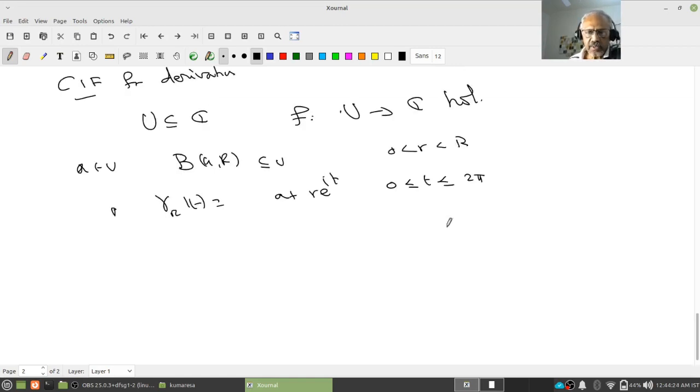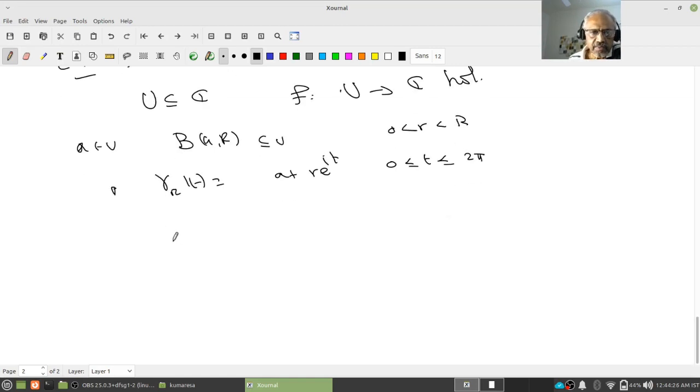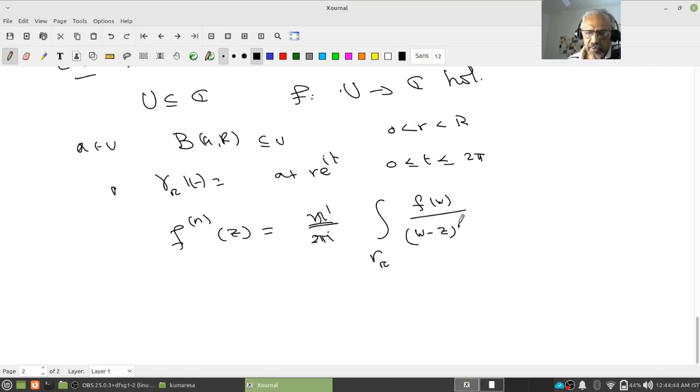Then what do we want to conclude? We want to conclude the nth derivative of f at z equals n factorial by 2 pi i times the integral over gamma_r of f(w) by (w minus z) to the power n plus 1 dw.